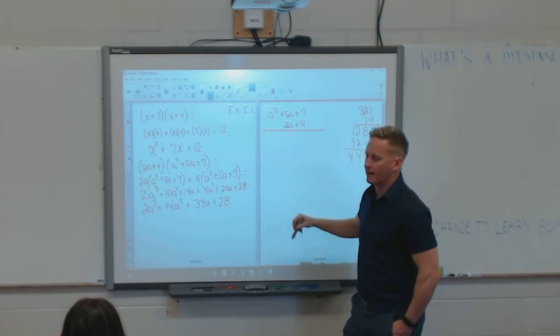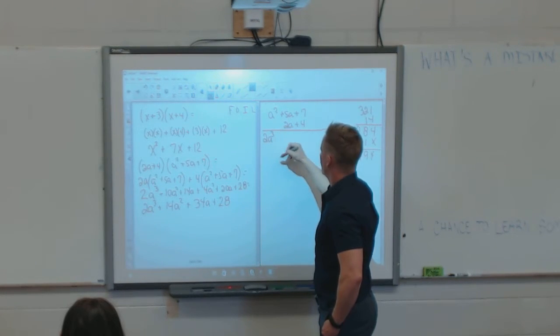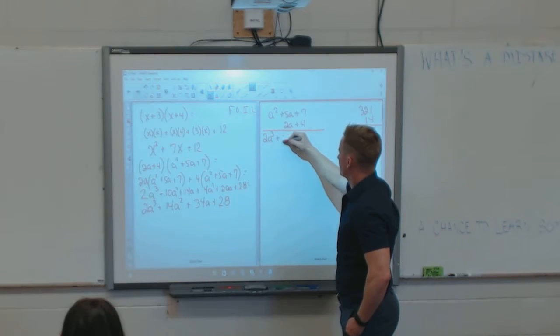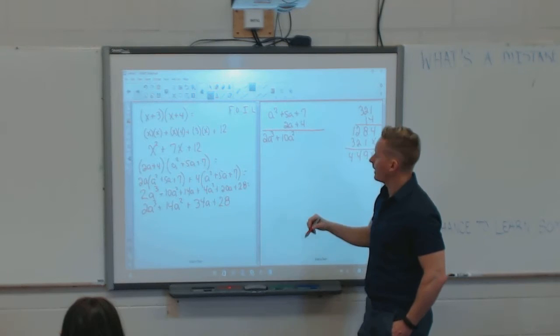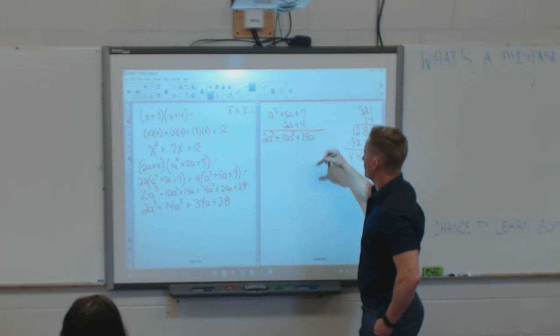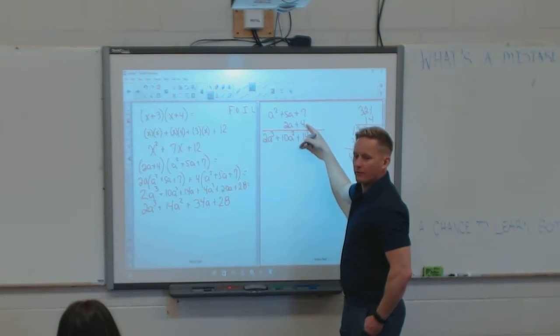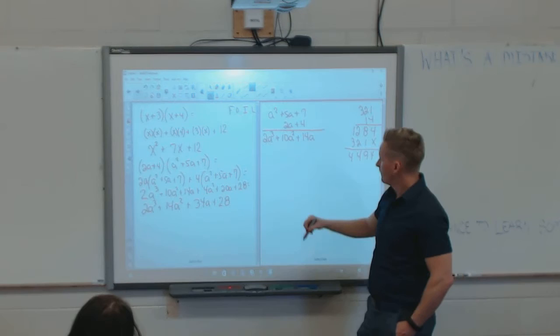2a times a squared is what? 2a cubed. 2a times 5a, 10a squared, right? So we're multiplying. 2a times 7 is 14a. Now, 4 times a squared is what? 4a squared.